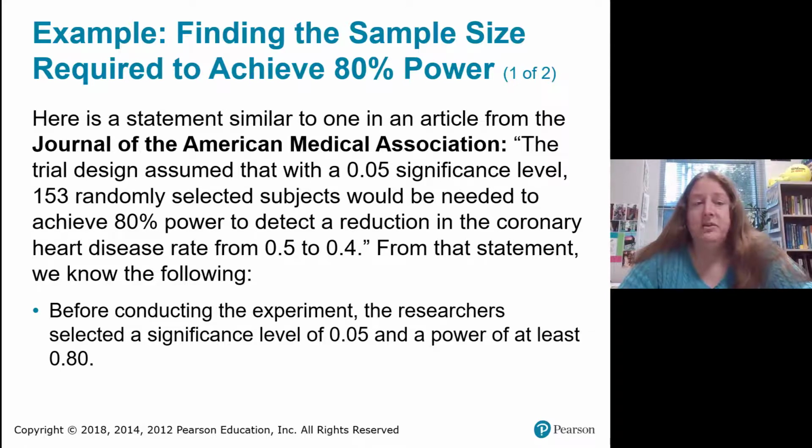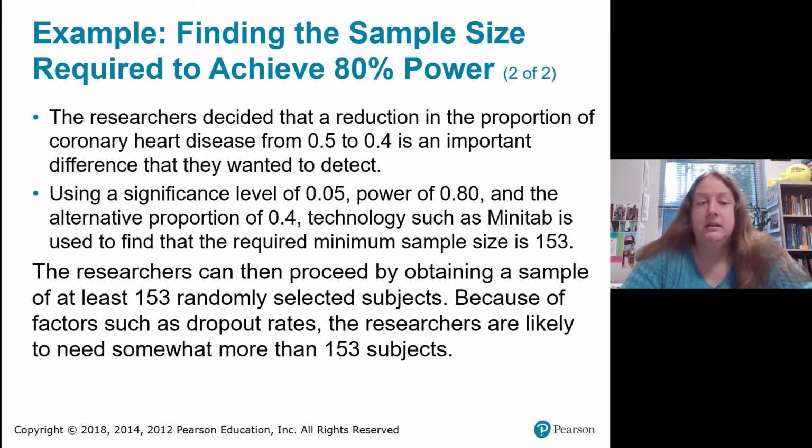So we might have a trial designed that assumed a 0.05 significance level, where 153 randomly selected subjects would be needed to achieve 80% power to detect a reduction in the coronary heart disease rate from 0.5 to 0.4. From that statement, we know that we have a significance level of 0.05 and a power of at least 0.8.